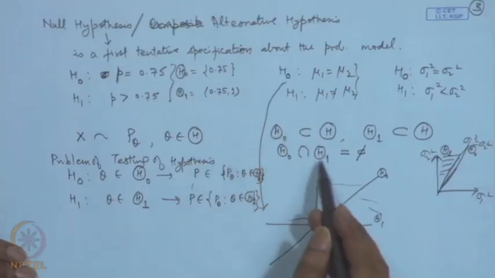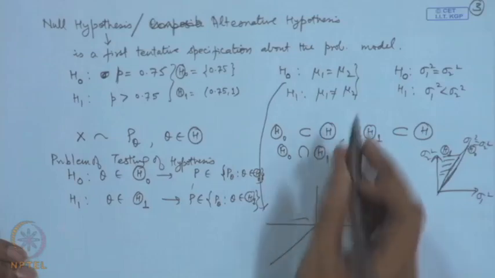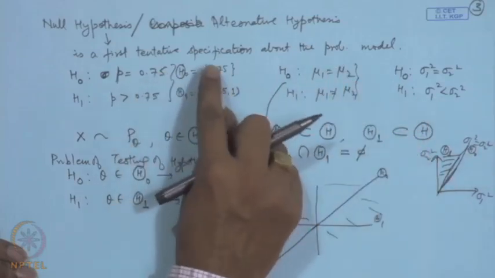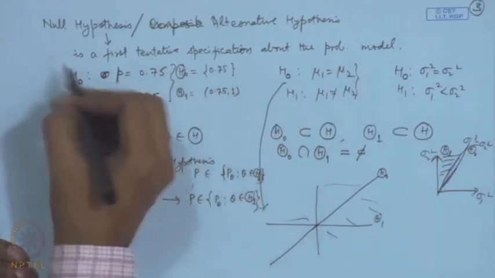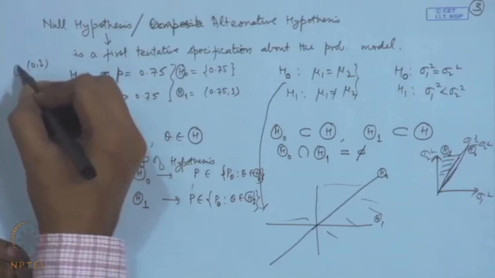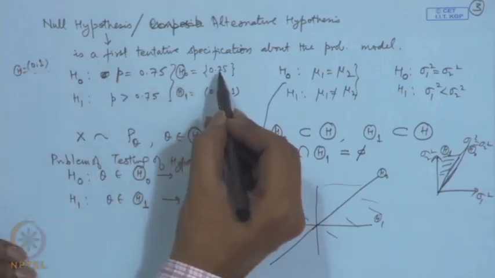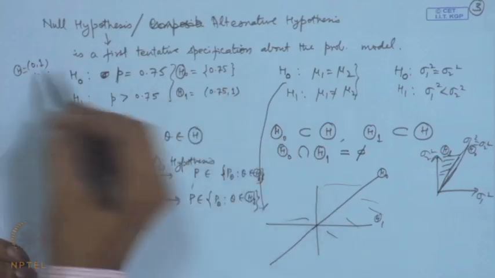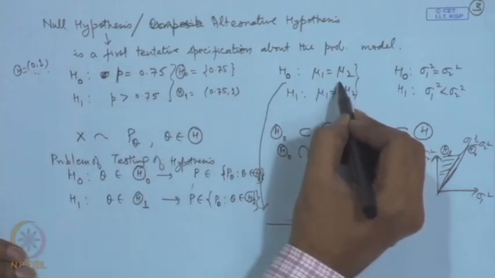Now, the way I have explained here, it is not necessary that the two regions exhaust the full possibility. For example, in this case the union of Theta naught and Theta 1 is not the full parameter space. For example, for the binomial distribution Theta is actually (0,1), but the union of these two is not this. In this particular case, the union will be equal to the full two dimensional space.